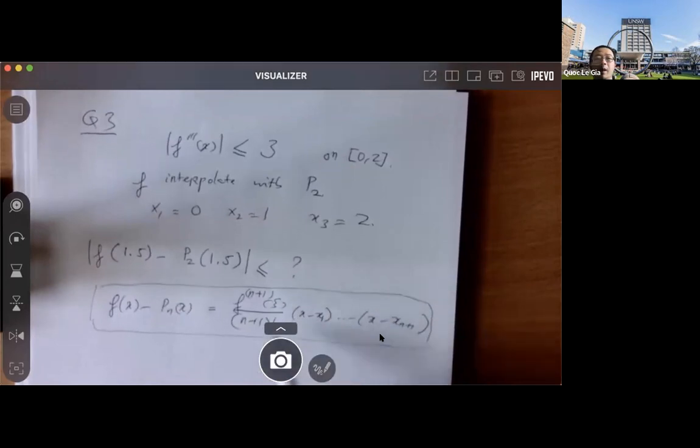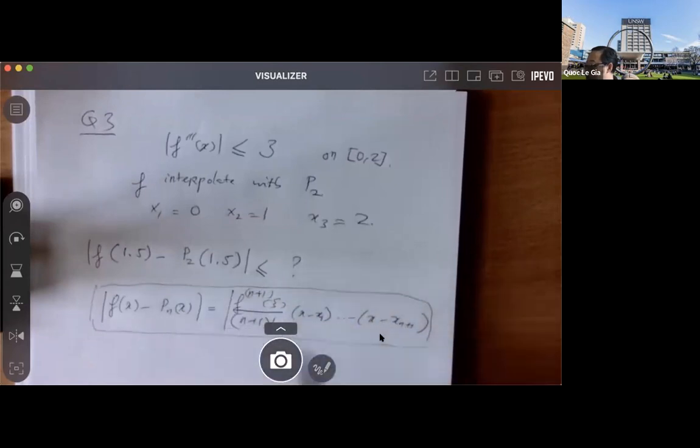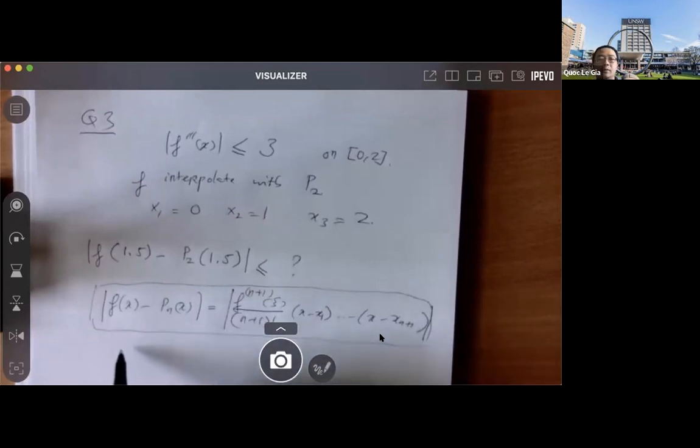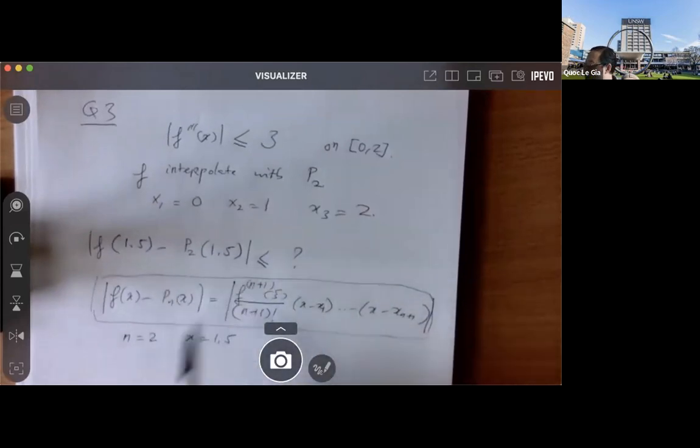Now, maybe we're just interested in the absolute value, so we can take the absolute value of everything here. What n should I use? Yes, n equals 2. So if you put n equals 2 and x equals 1.5, then I have the absolute value of f at 1.5 minus p2 at 1.5.